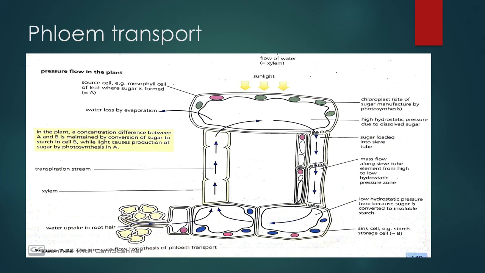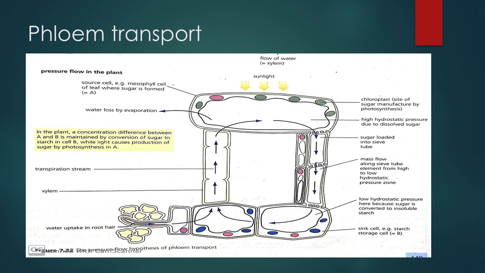And there at the sink, what will happen? The water potential will be more, so the water flow will be from there to the next cell. So in the source area the hydrostatic pressure will be high, but in the sink area the hydrostatic pressure will be low.